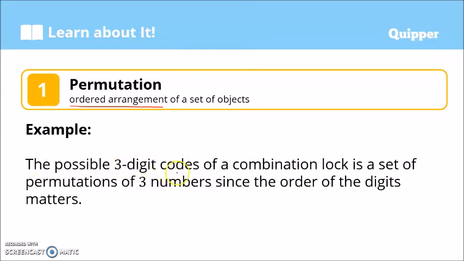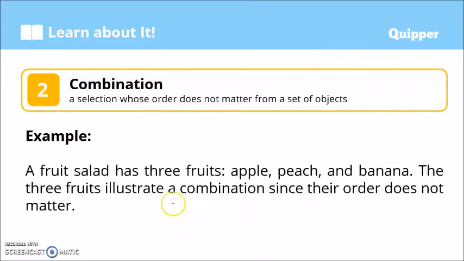Example, the possible 3-digit codes of a combination lock is a set of permutations of 3 numbers since the order of the digits matters. So, importante yung anong digit yung mauna, anong number yung next, anong number yung last. So, importante yon sa permutation.